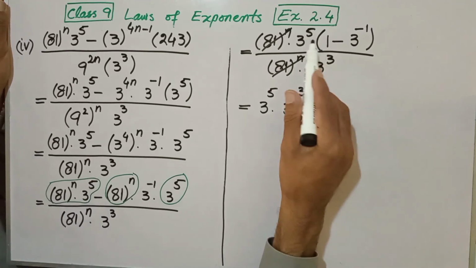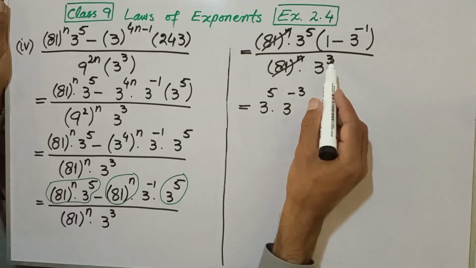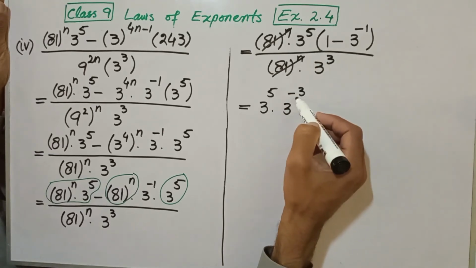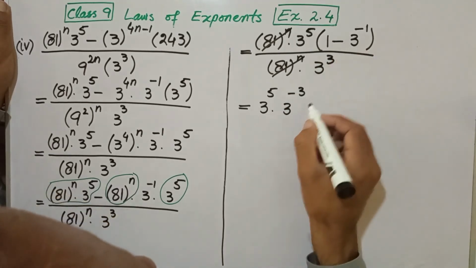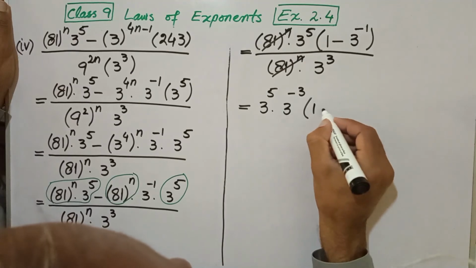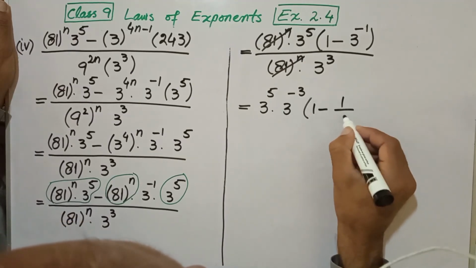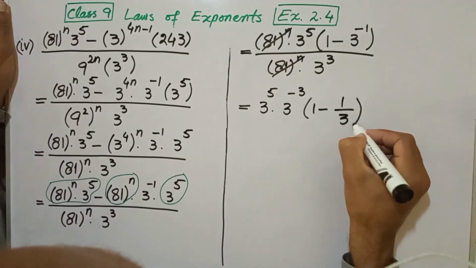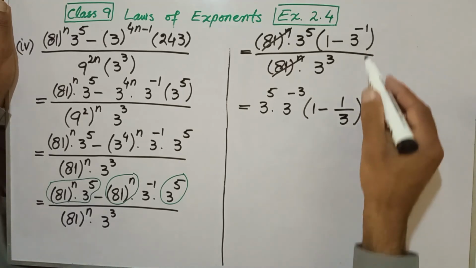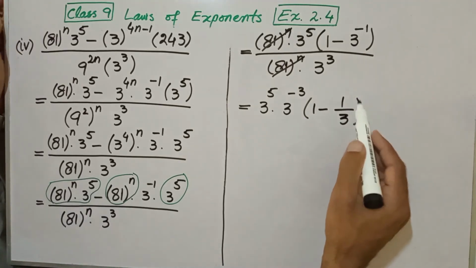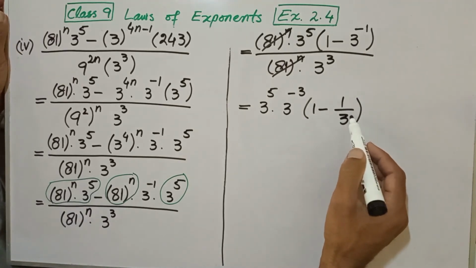Taking 3 power 3 into the numerator, the positive power becomes negative. And from here we can write 1 over 3. This is 3 power minus 1, so in the denominator it becomes 3 power positive 1.